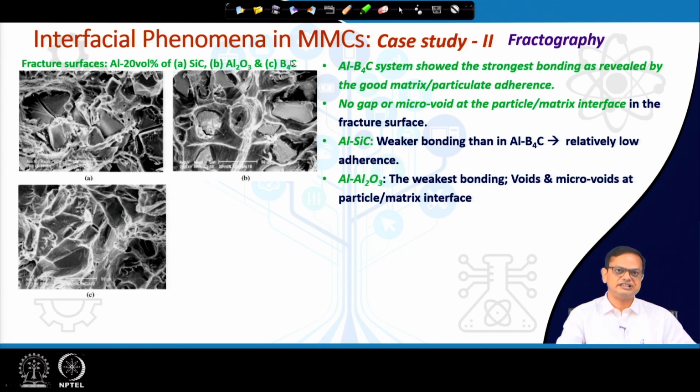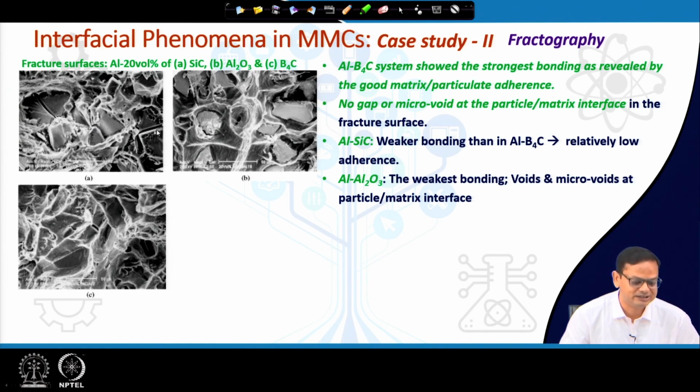The fractured surface images have been shown here, and you can see the first one is for SiC, second one is for Al2O3, and third one is for B4C reinforcement. Now, you can see here in case of SiC, there are a lot of cracks. You can see here also there is a crack, and these cracks are mostly in between these SiC particles.